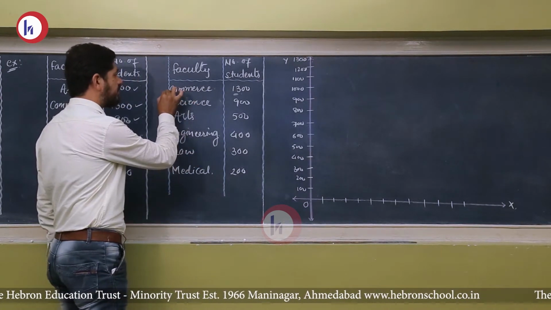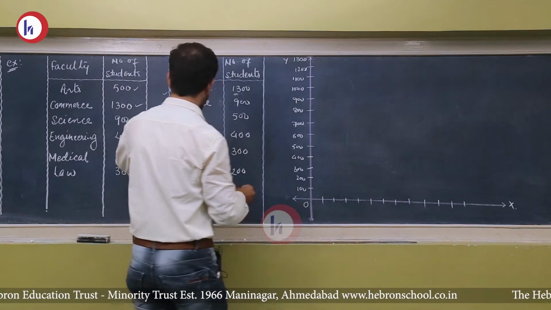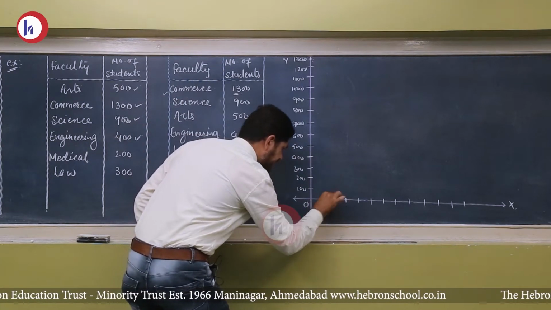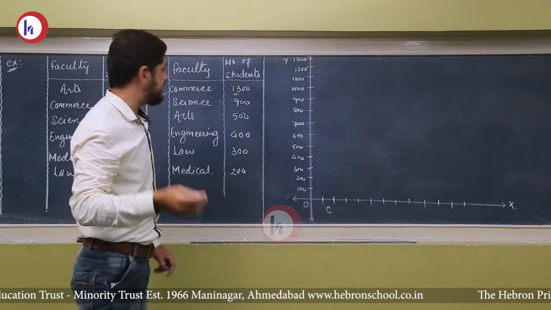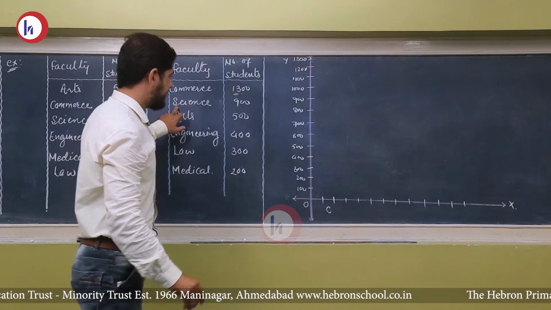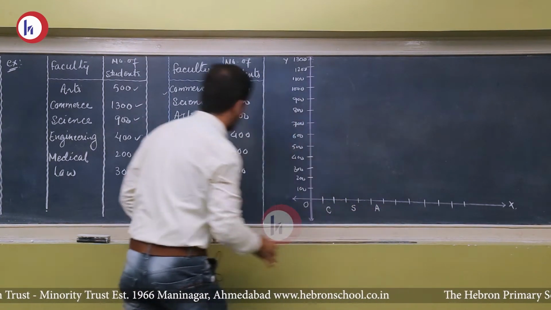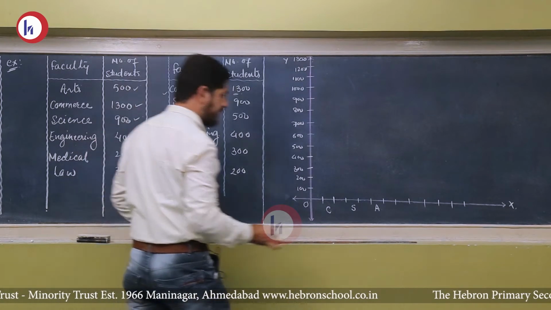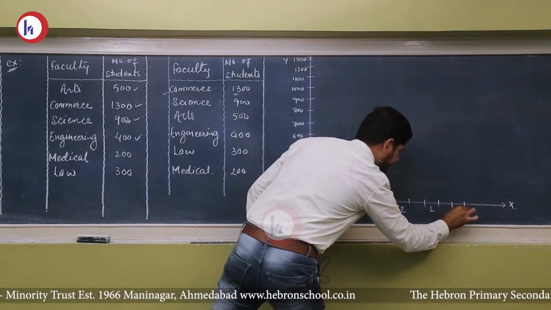So the number of students in commerce will be represented on the first centimeter. Suppose I take C for commerce, then science, arts, engineering, law and finally medical.